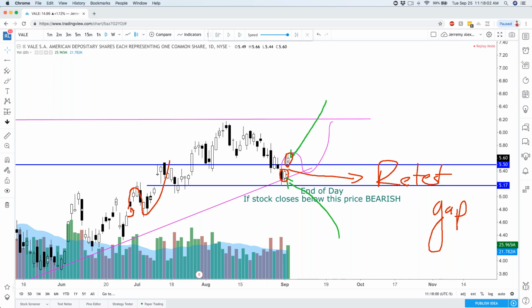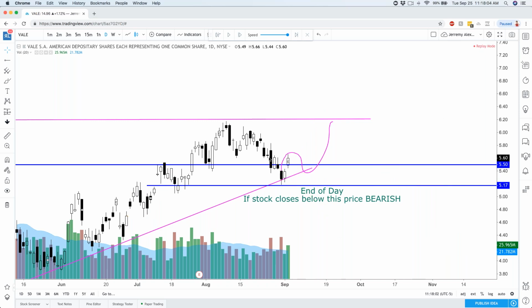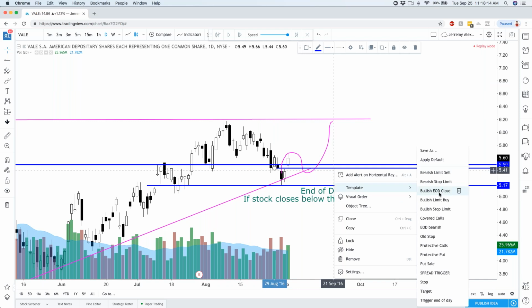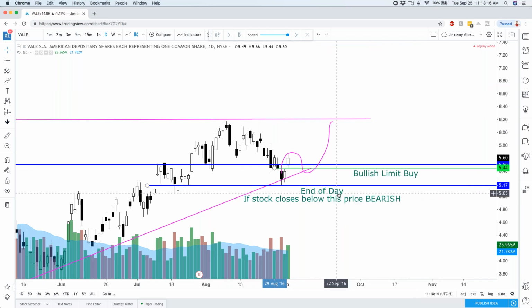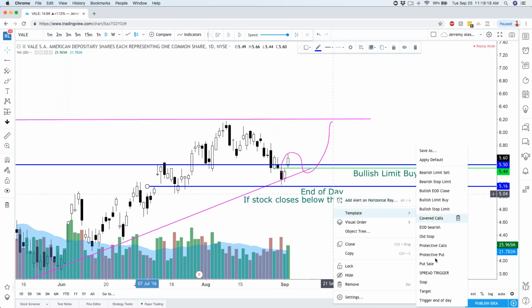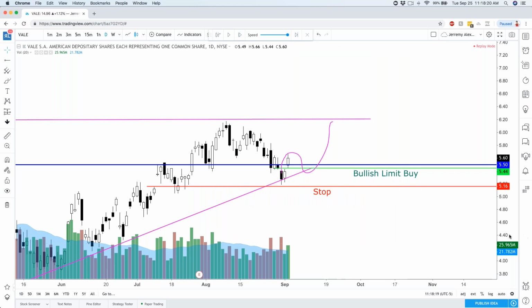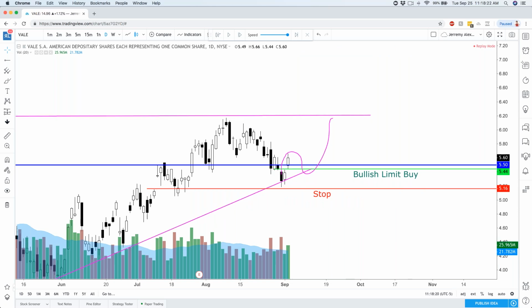So what I'm going to do now is we've created the plan. We've said, okay, this is what we're going to do, and now we're going to simply do it. So we're going to put an entry here as a limit buy, and we're going to put our stop pretty much where we were going to go bearish at one point, and that's going to be our setup.